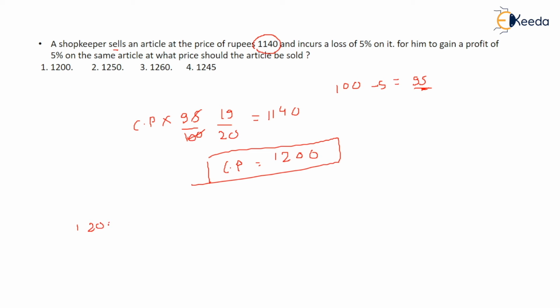So 1200 into 5% profit means 100, he always has 5% profit means plus 5 upon 100. So you can simply do this. This comes out to be 1260. So your option number 3 is the correct answer. With fractions you can solve this. Within 10 to 15 seconds you can solve such questions.